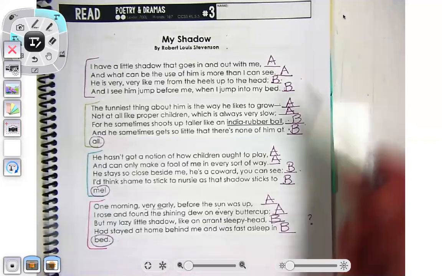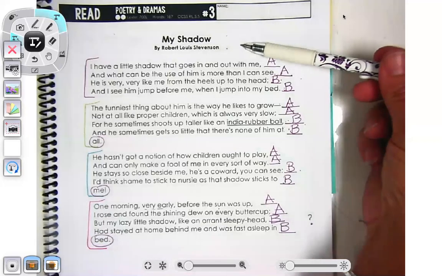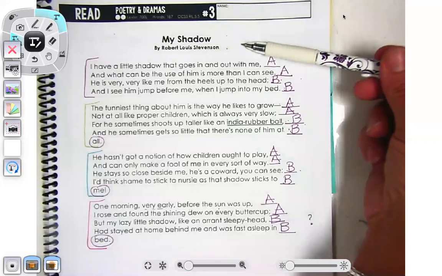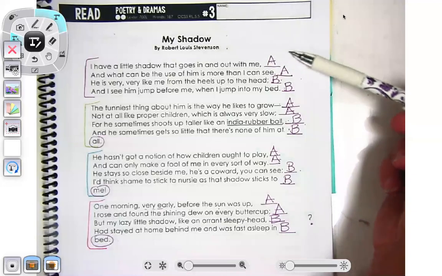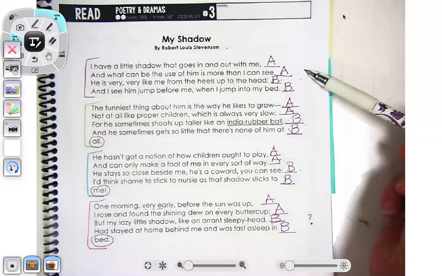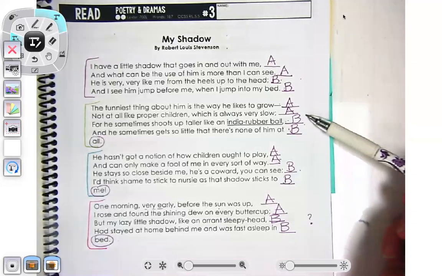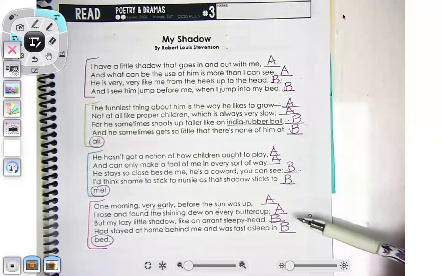And you can tell that the author really likes shadows because he did a whole poem, but you can also tell that he thinks they're playful. This whole thing was playful, all about shadows and how they follow you and how they grow with you and how sometimes they're not there. So very playful mood that the author is trying to convey there.